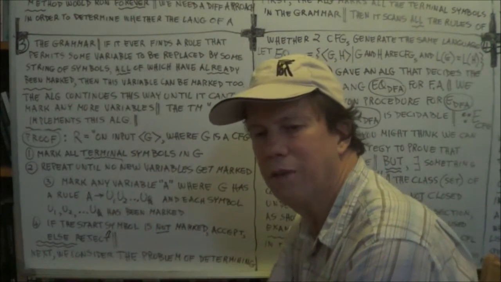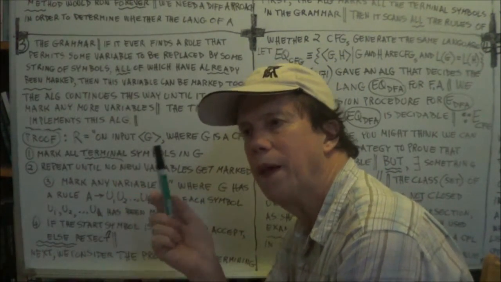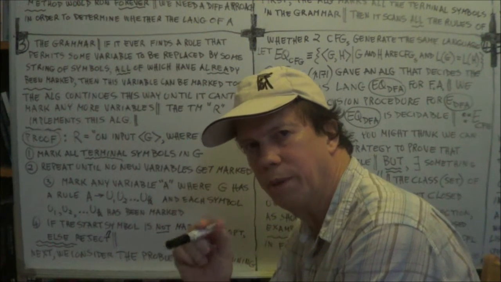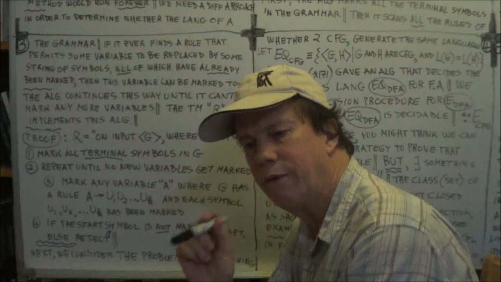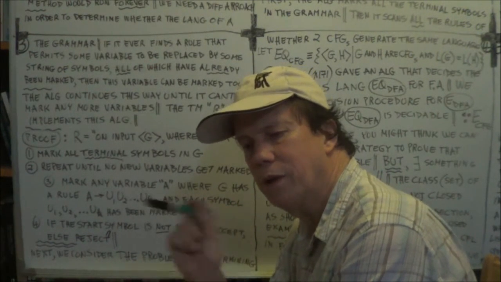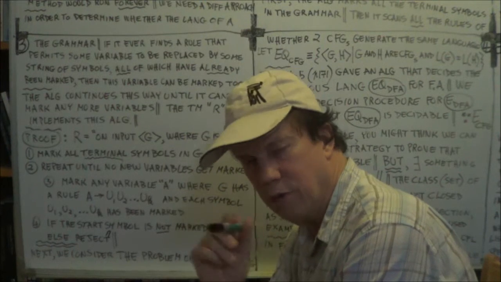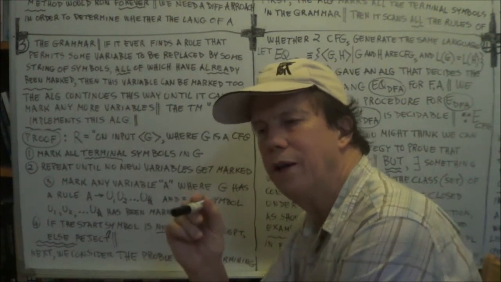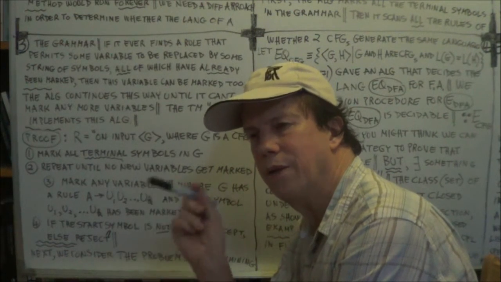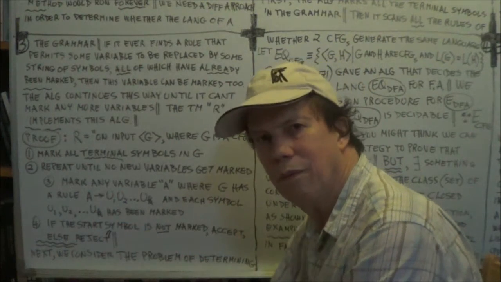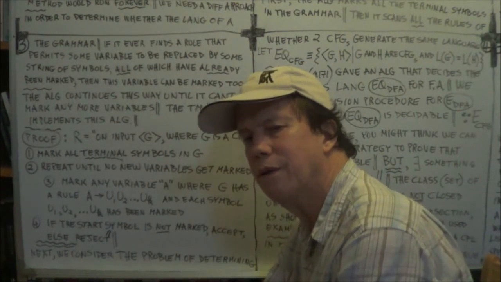There's no point checking a marked one because you've already done that work. So go looking for the next unmarked variable, on the left-hand side of your rule, and then have a look at the symbols on the right-hand side of that rule, and if they're all marked, then mark what was formerly the unmarked variable.